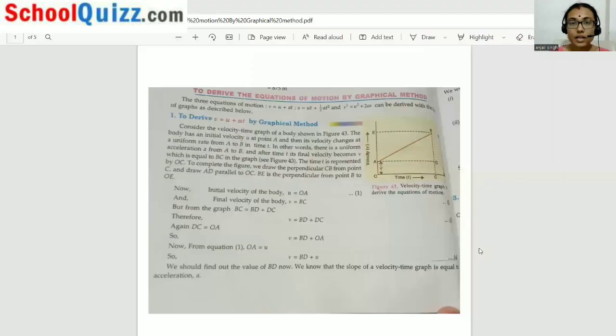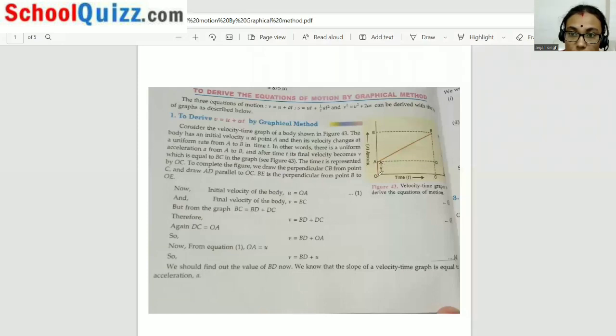So to derive the equation of motion by the graphical method, you have to first draw the graph. So this is your graph.